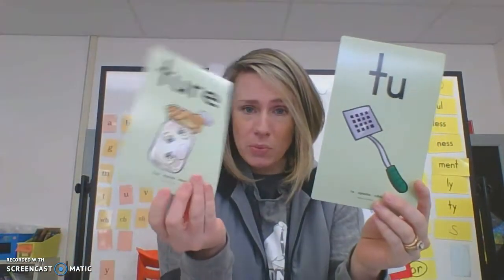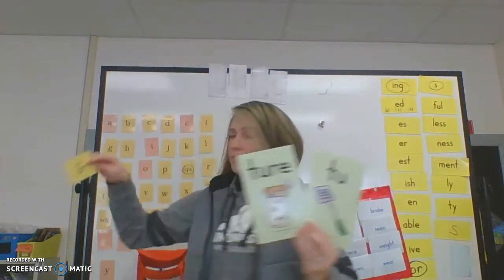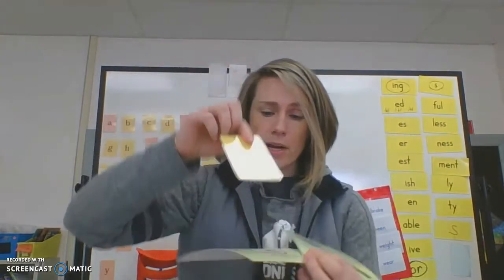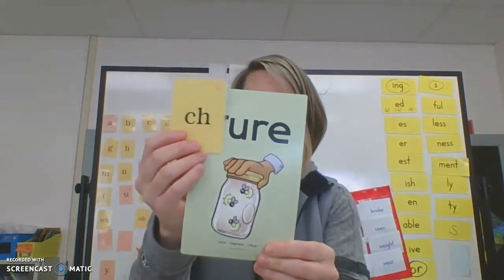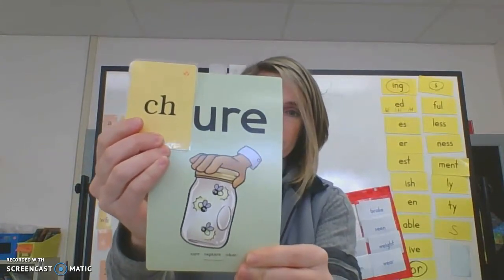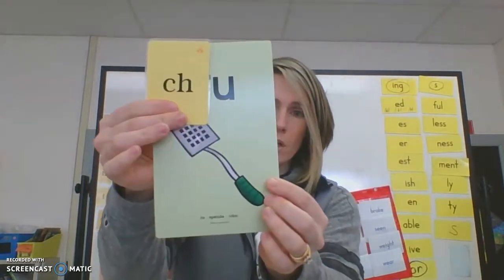Anyways, let's get back into these silly sounds that we learned this week, where they both sound like the CH digraph, right? So we have T-U-R-E, capture, chur. And we have TU, spatula, chew. Good.